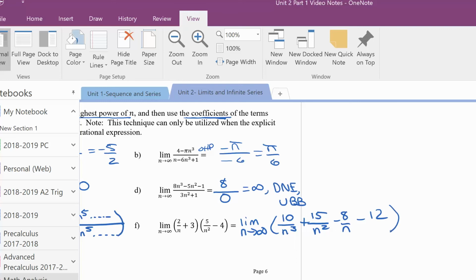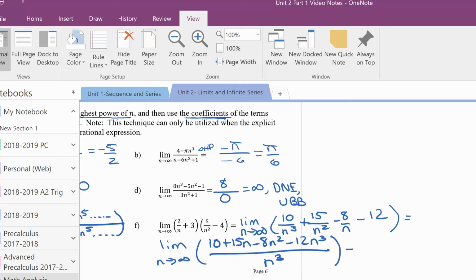And then if we got a common denominator, it would be n to the third. So it would be 10, do it this way, the limit as n approaches infinity of 10 plus 15n minus 8n squared minus 12n to the third, all over n to the third.